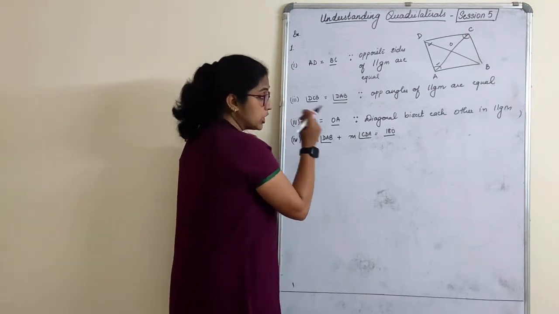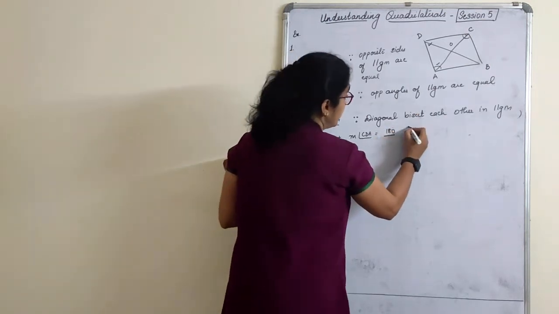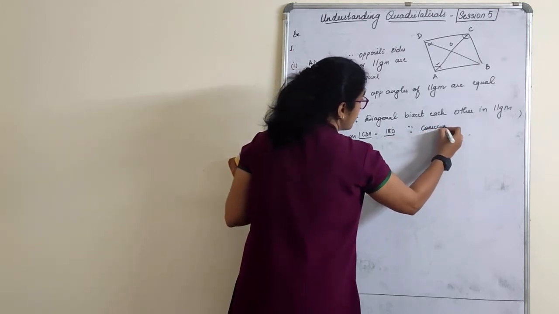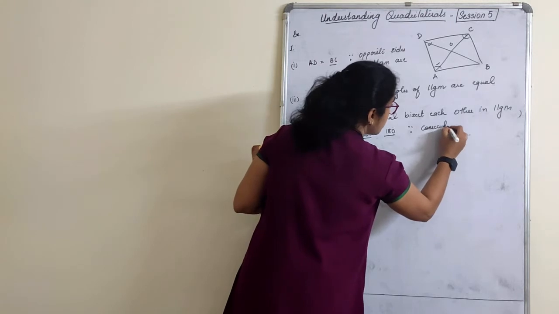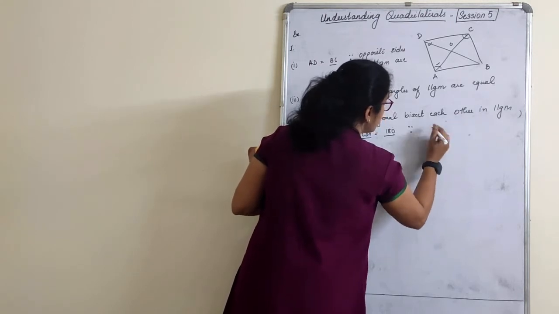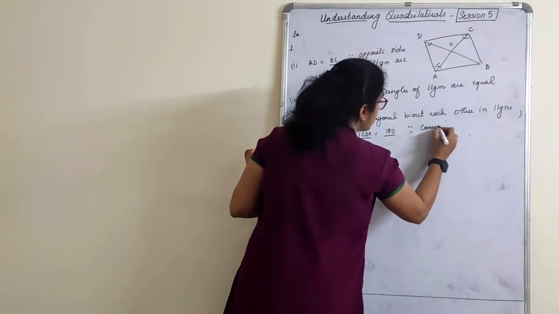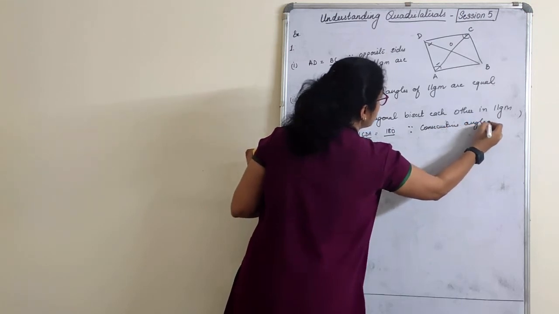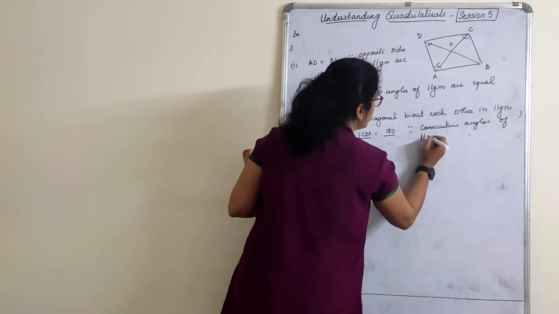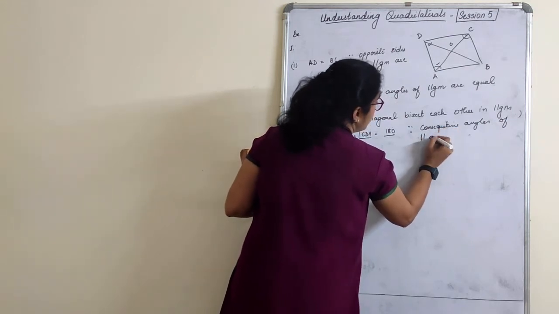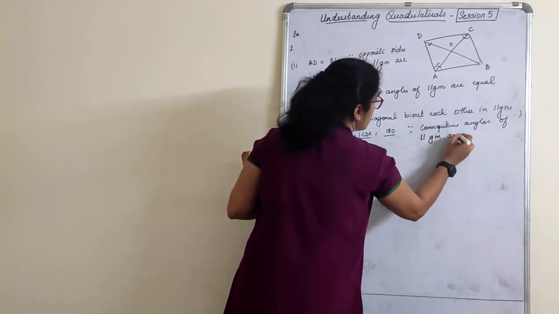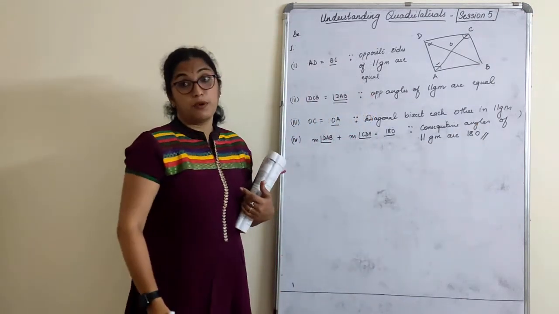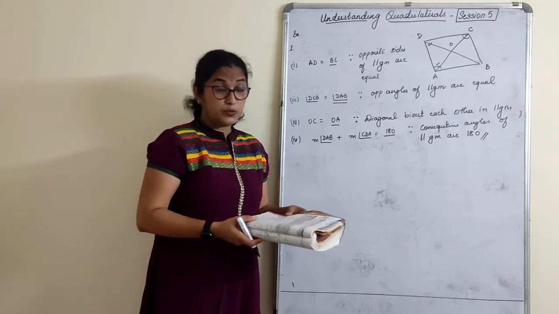So the measure of consecutive angles is 180, right? Because consecutive angles of a parallelogram are 180 degrees. That is the properties you have to know. With that we complete this.